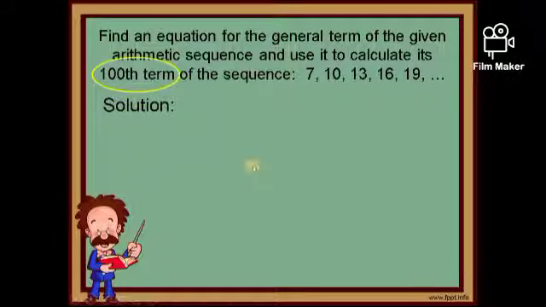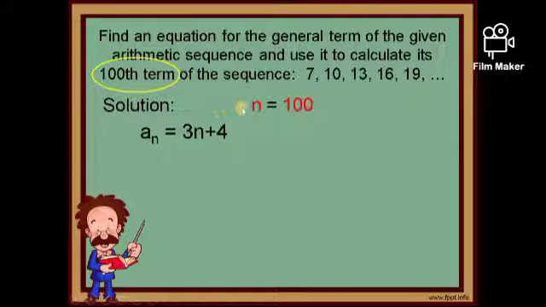Now, we are ready to calculate its 100th term. So, using the general formula for this sequence, a sub n equals 3n plus 4. Now, if we want the 100th term, we use n equals 100 because we want the 100th term, or a sub 100.